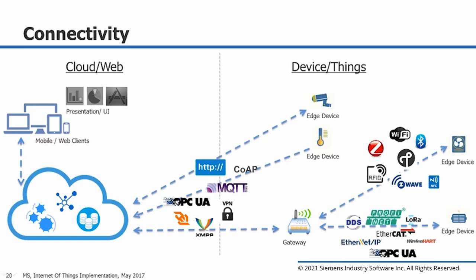Or you can set up an MQTT broker on gateway and have downstream devices talk MQTT. So this slide basically provides you a kind of general view where different protocols fit in, but you can see variations in some Internet of Things implementations.